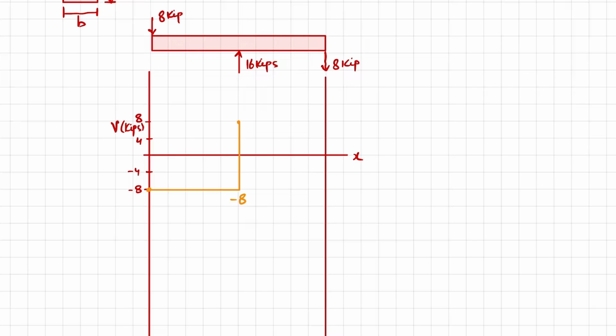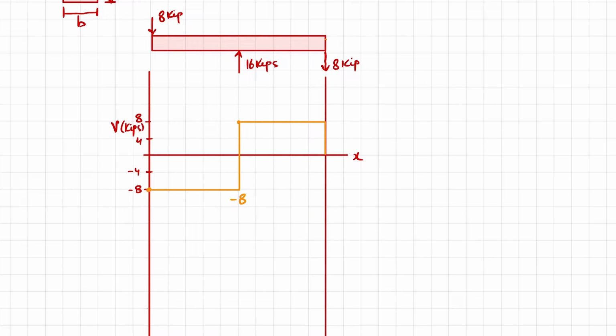From this section to the end there is no other force, so it will remain the same till this point. At this point we have 8 kips downward, so this is plus 8 and this is minus 8, which brings it down to 0. So this is your shear force diagram.